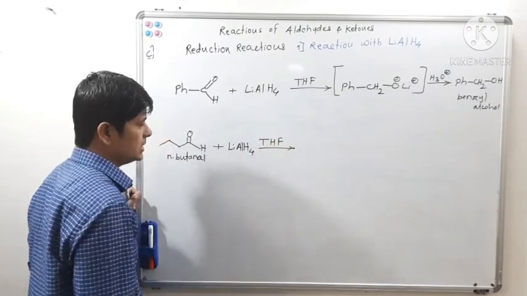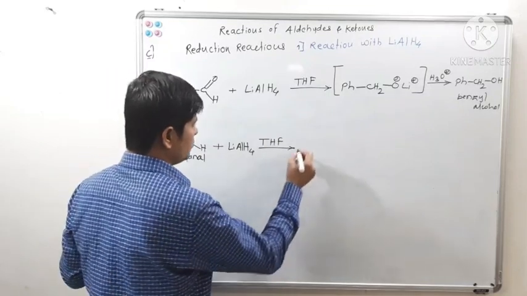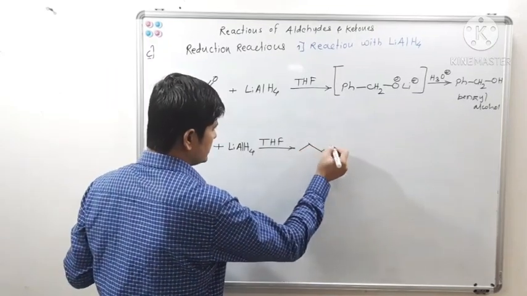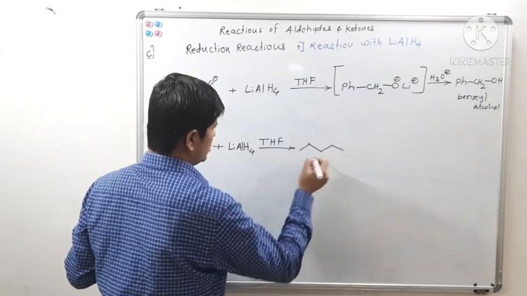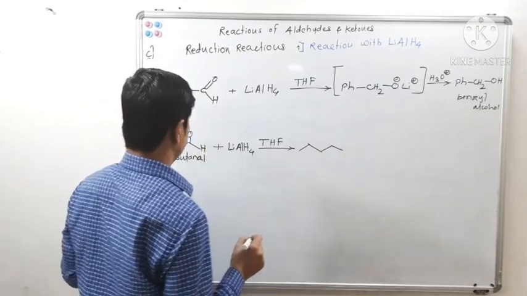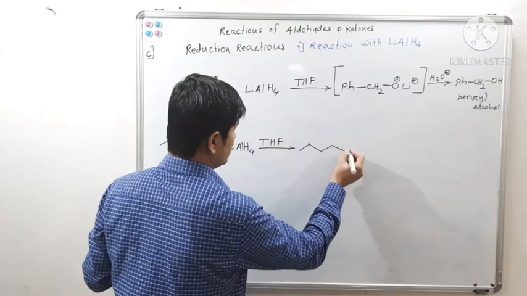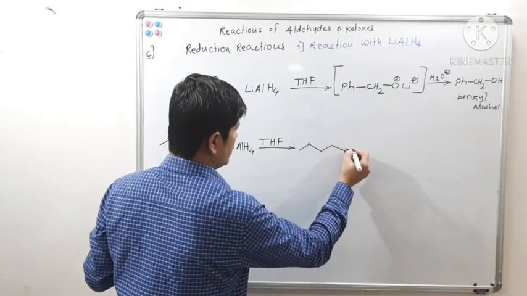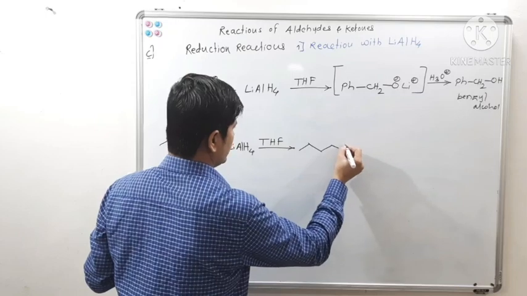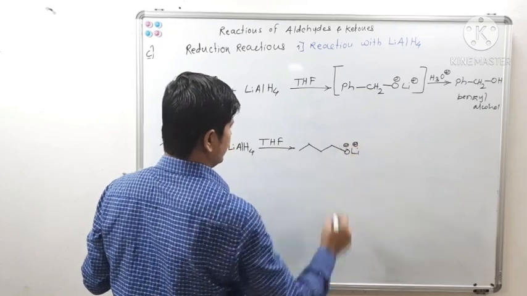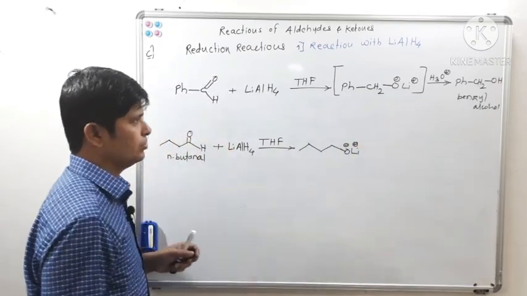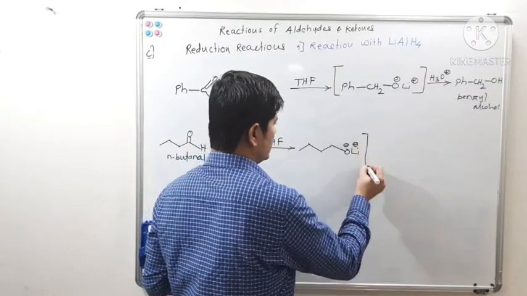In the first step we will get CH3CH2CH2CH2OLi, O- Li+.